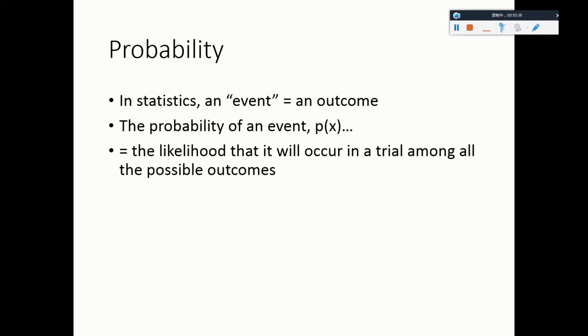This is a very obscure, technical definition of probability. But for the purpose of this class, the bottom line is that probability is almost, not exactly, but almost the same thing as relative frequency.